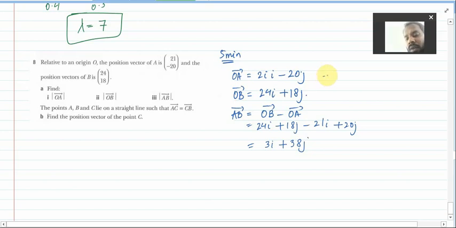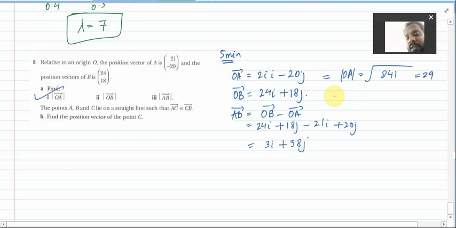So for part A, the magnitude of OA is equal to the square root of x squared plus y squared. That is very simple. 21 squared is 441 plus 20 squared, which is 400. So you will get 841, and the root of 841 is equal to 29. So that is your first part answer.